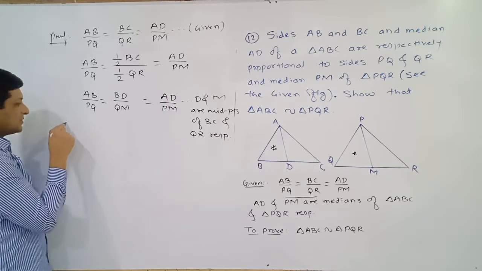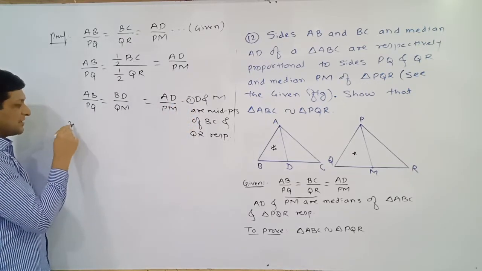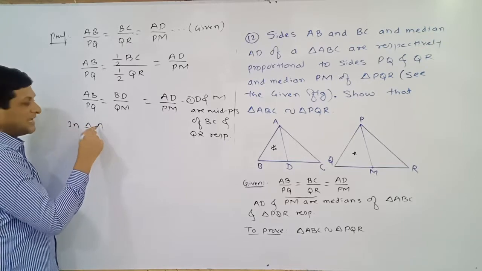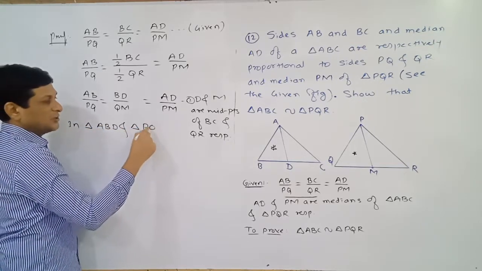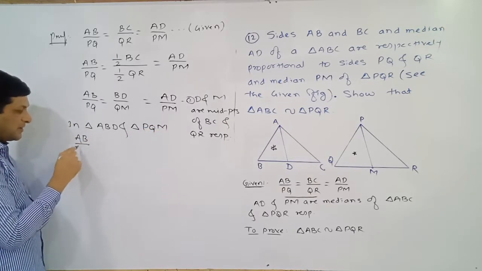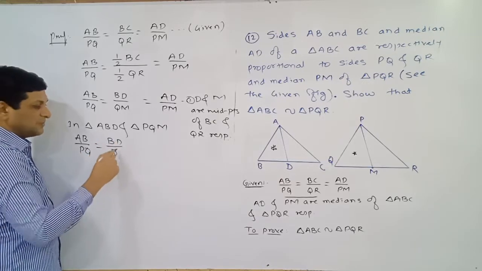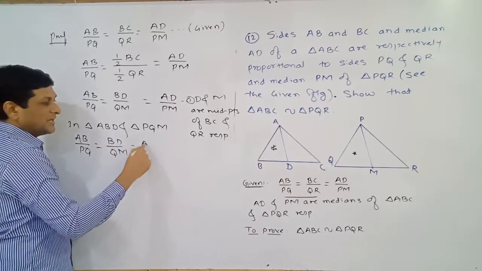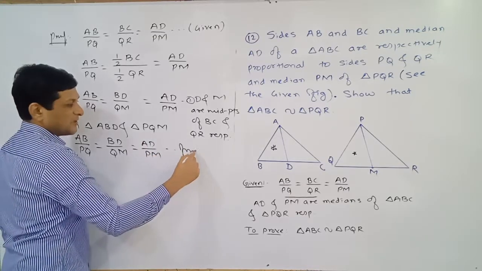Let us denote it as equation number first. We are now considering triangle ABD and triangle PQM. In these two triangles, AB upon PQ equals BD upon QM equals AD upon PM. Give the reason: from equation number first.